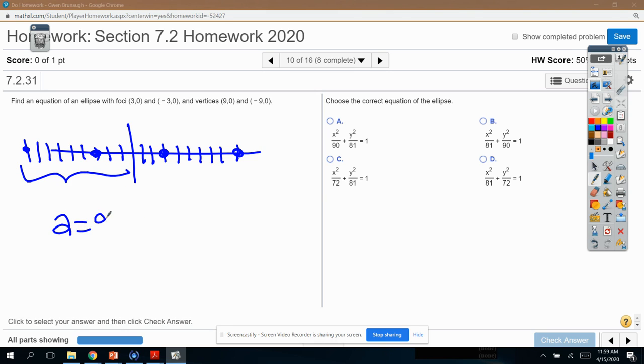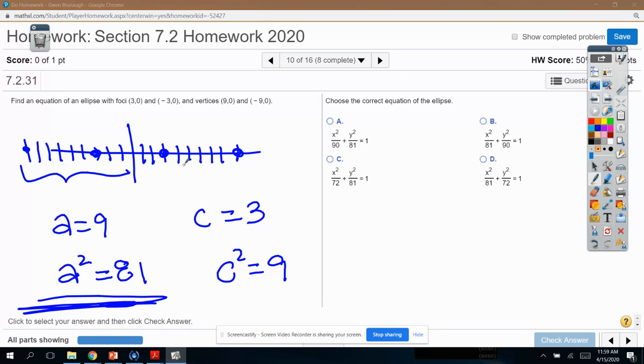So a is 9, which means a squared is 81. And they tell me that the c value is 3 and c squared is 9. They're also telling me it's in the X direction. So 81 has to be under the X. And there's only two choices that have 81 under the X.